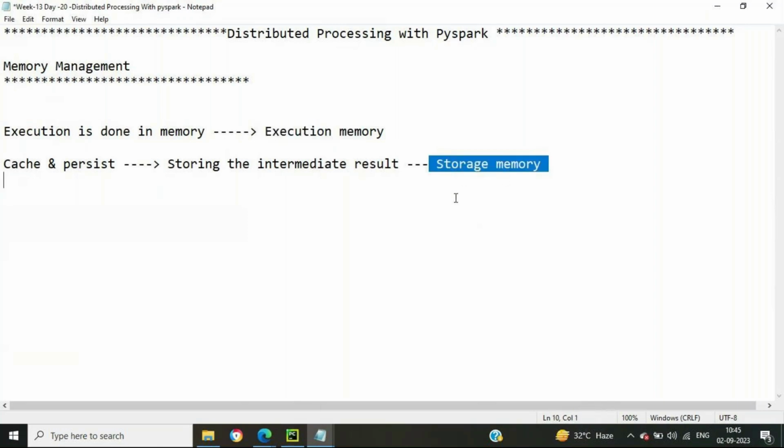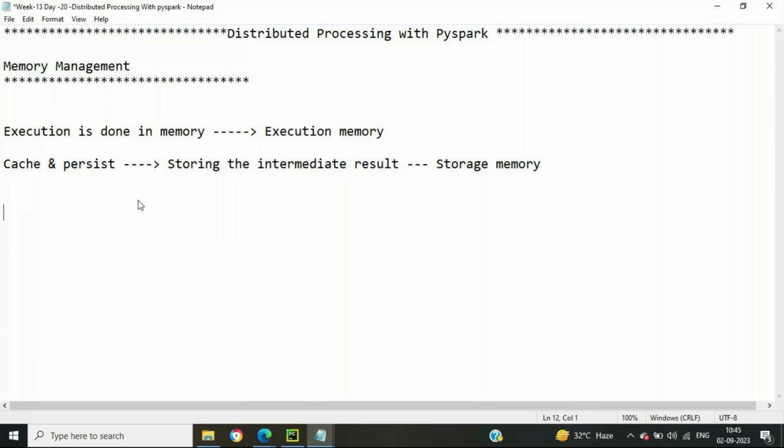But what is happening is that execution memory and storage memory share a unified location. What is the meaning of that? It is not like we have separate allocations, saying this is for execution memory and this is for storage memory. Let me take an example.